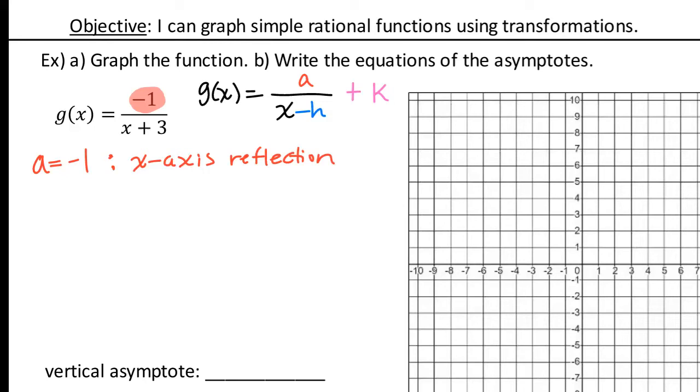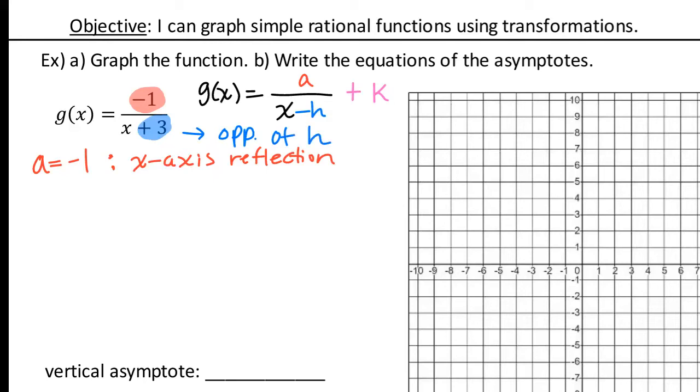Then my h value, again, the h is in the denominator underneath the fraction next to the x. And so in this case, that plus 3 is in the denominator. So we're going to have our h value, but remember it has to be the opposite.